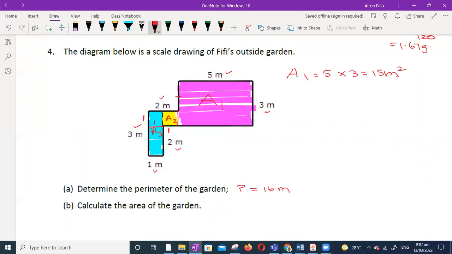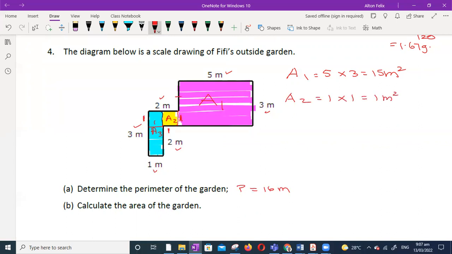You know that for sure, because from here to here is 2, so this will be 1 right here. So we don't need this height; we know this will be 1. This area A2 will be 1 by 1, which is 1 square meter.